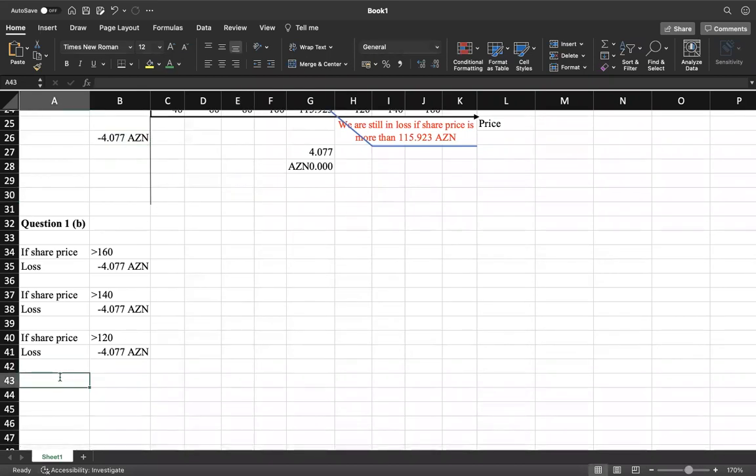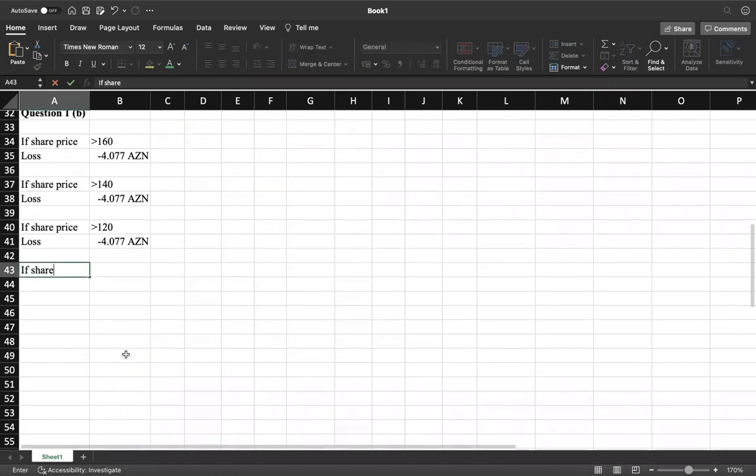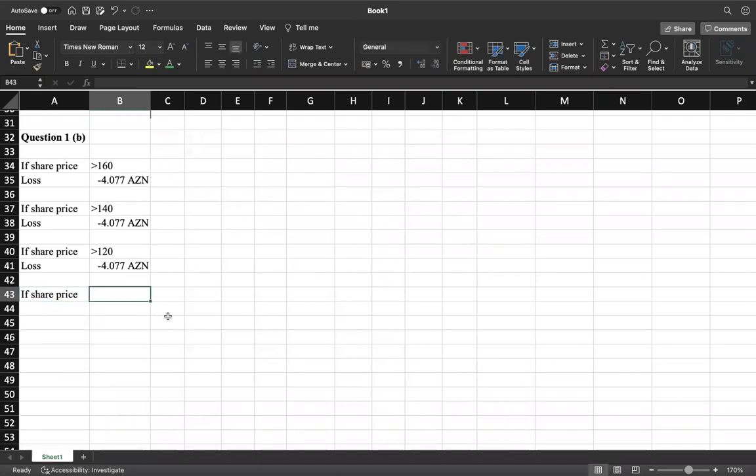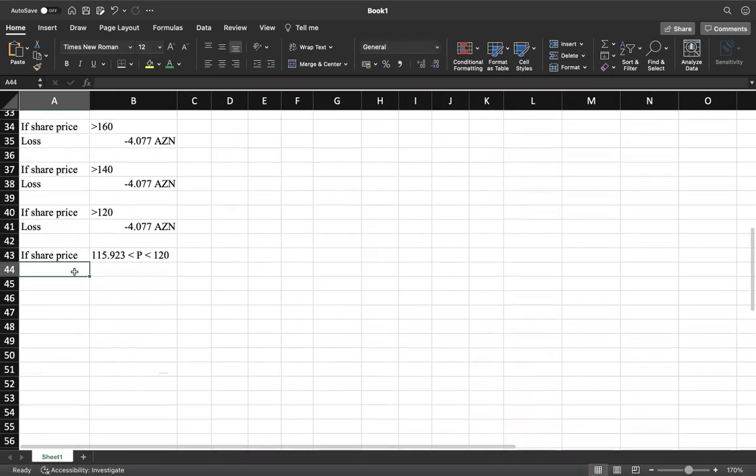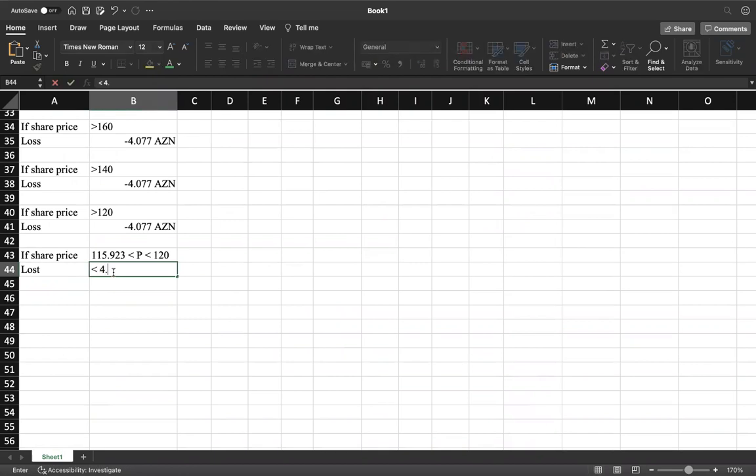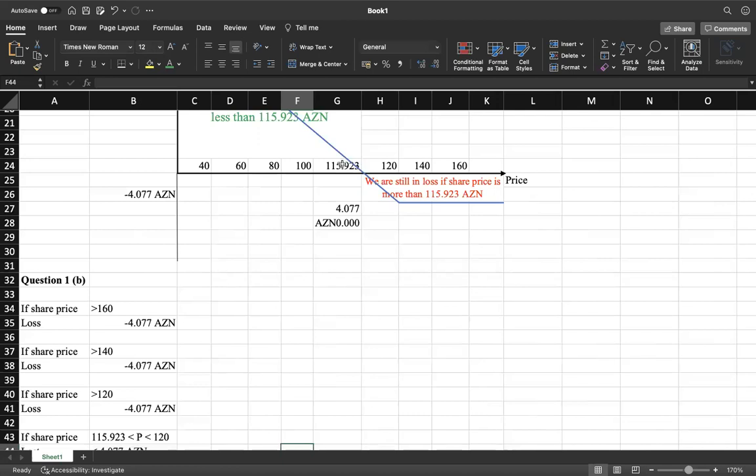But if share price is greater than 115.923 but less than 120, I will be making again a loss, but it is less than the option premium, because starting from 120 till 115, my loss is getting decreased, and at 115, it becomes 0.